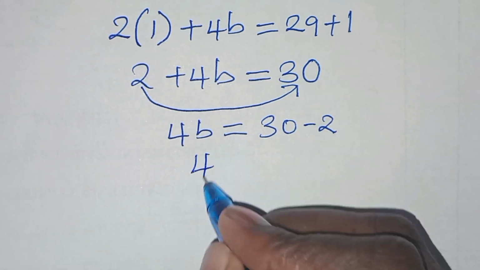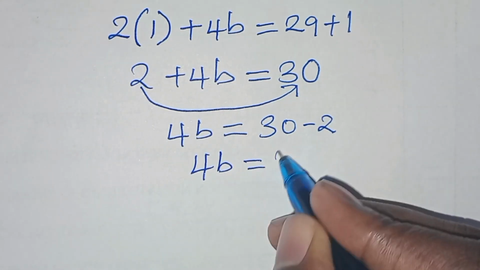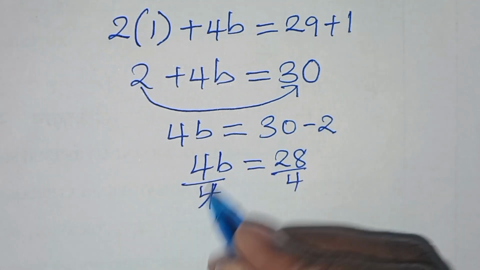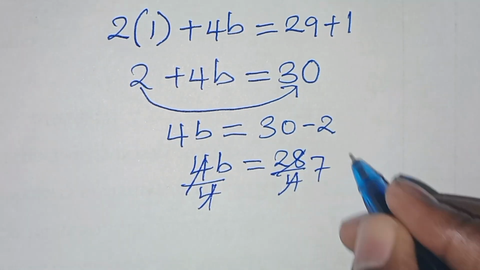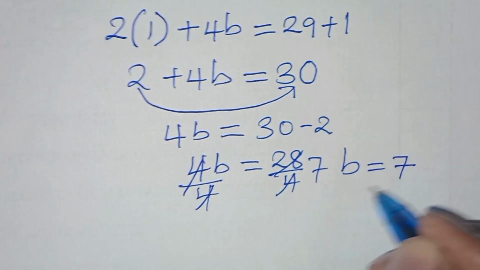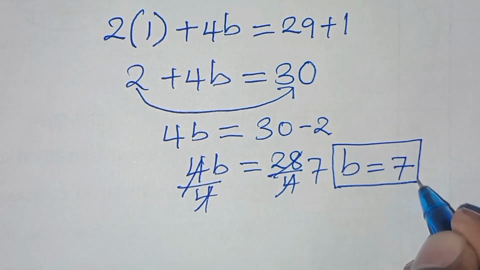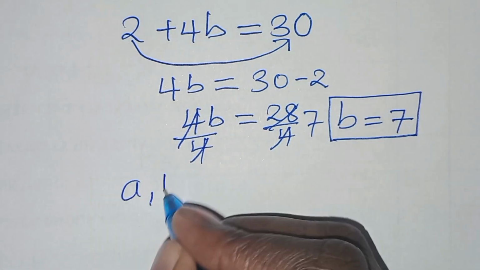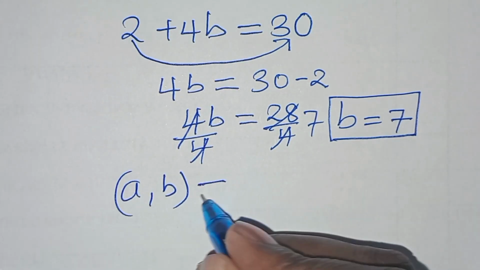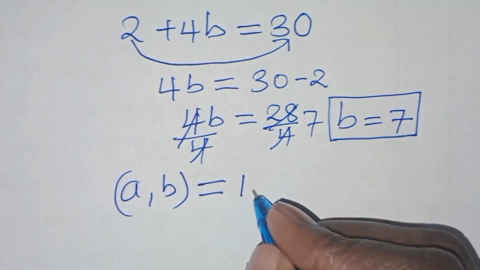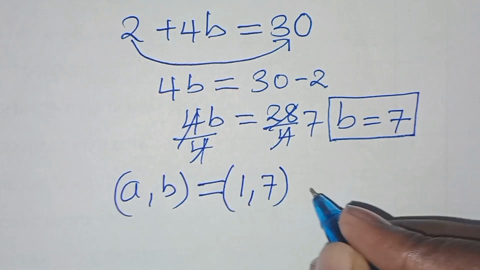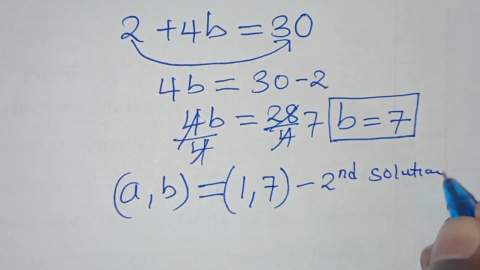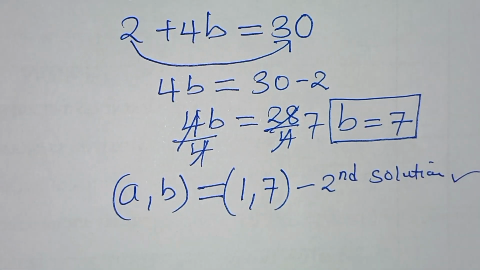So this means that 4b is equal to 28. Let's divide both sides by 4. And therefore, the value of b is equal to 7. This implies that a, comma b, in case 2, is equal to 1, 7. This is the second solution to this algebra problem.